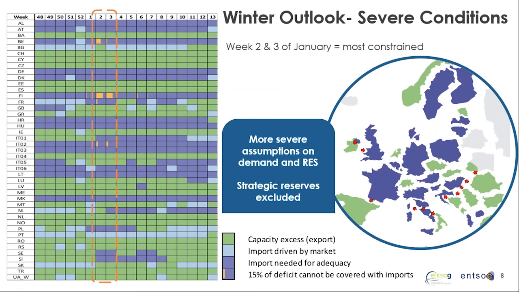So as I explained in the slide before about the stepwise approach, there are different steps. First deterministic, and then we focus on the situation at risk with a probabilistic analysis. This year we voluntarily took more severe assumptions, especially on demand and renewable energy, wind essentially, because there is no sun at that time.